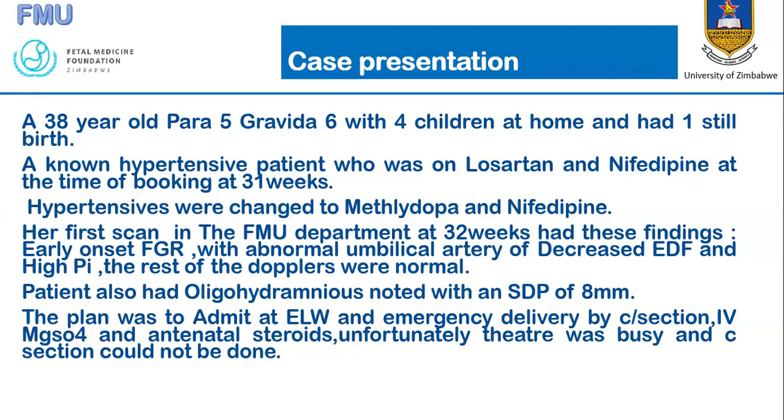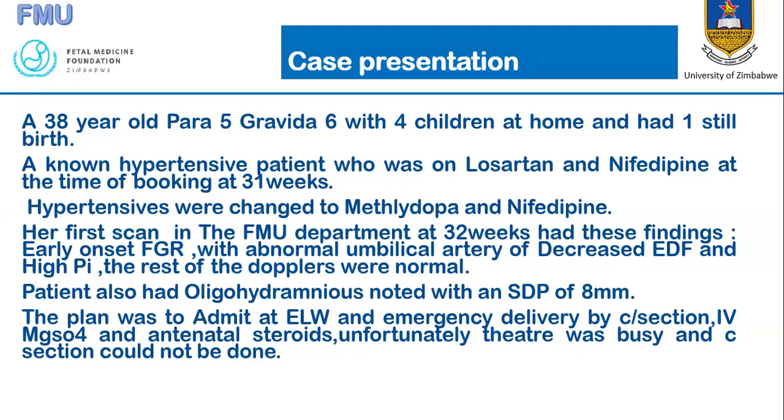In the scan in the FMU department at 32 weeks, the finding was early onset FGR with abnormal umbilical artery. There was decreased diastolic flow and a high PI, and the rest of the fetal Dopplers were within normal limits.